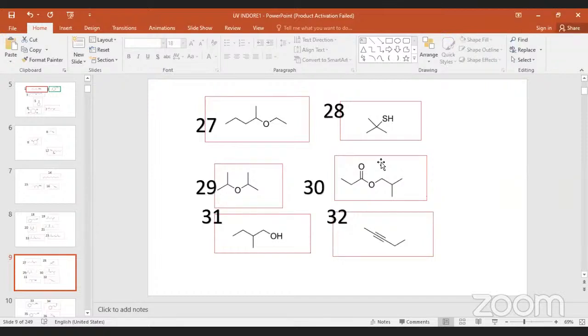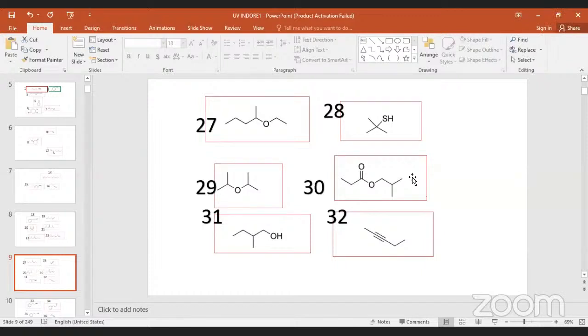2-propoxy. 2-propane. Be very careful, little mistakes. 2-propoxy propane. 2-methyl-ethoxy. Very okay.